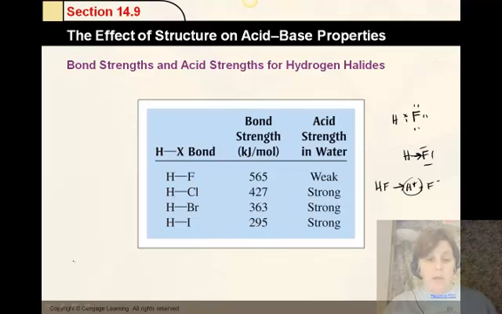Iodine is actually the strongest of the 3, HI, because it has the weakest force. Weak force means it can be released easily. So HI, which is a strong acid, can actually go to completion, 100% dissociation, because the hydrogen ions can be released. The iodine is not as electronegative.